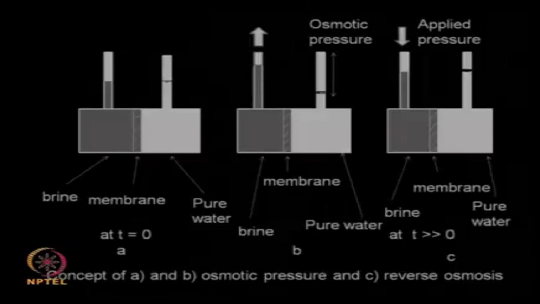RO membranes are also used in industry at the end of the wastewater treatment. If you are interested in getting potable water from a little bit of effluent, that means the effluent might not be very toxic, but it may be slightly drinkable, so potable water is also prepared with RO membranes.